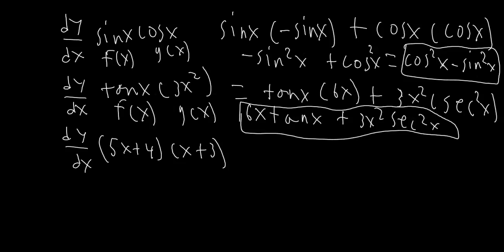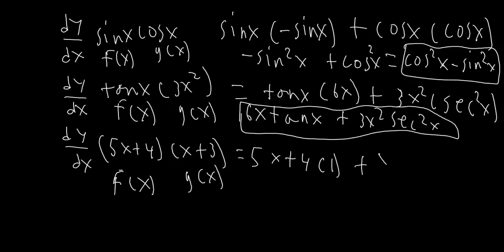Now you have the third and final one. Let's set up our f of x and g of x. We get 5x plus 4 times the derivative of x plus 3, which is 1, plus x plus 3 times the derivative of f of x, which is just 5, since the derivative of 5x plus 4 is just 5.